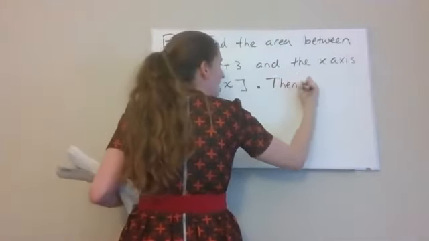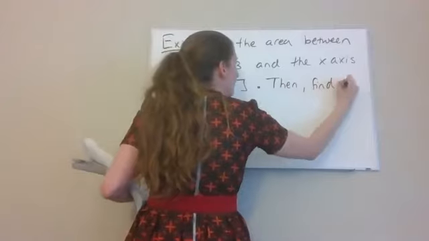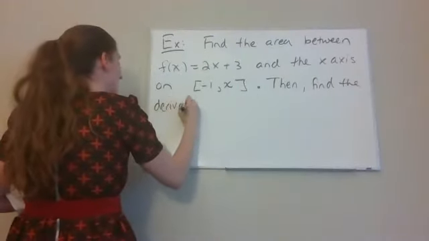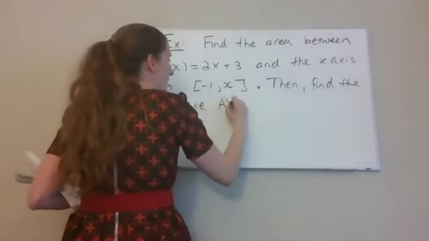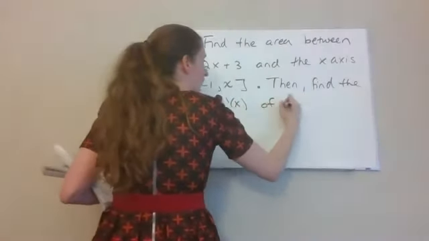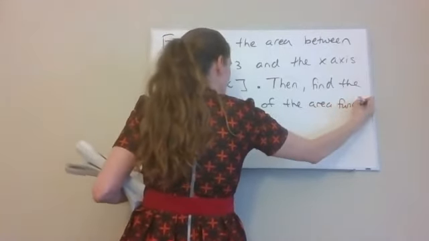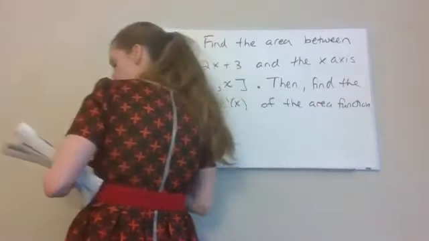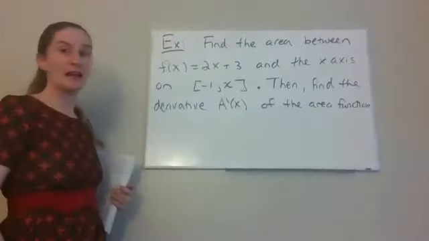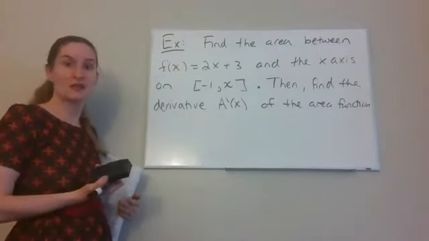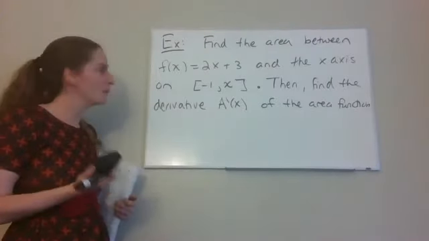Then find the derivative A prime of x of the area function. So it's probably not clear right now why I'm bringing the derivative into this, but hopefully after we get to that point, you'll see why I'm bringing that up.